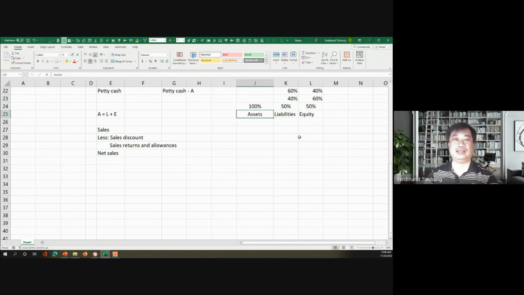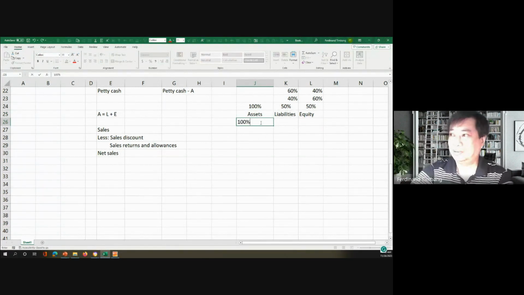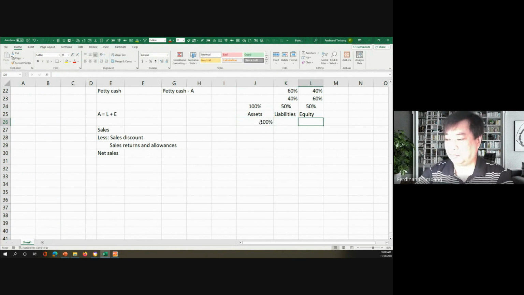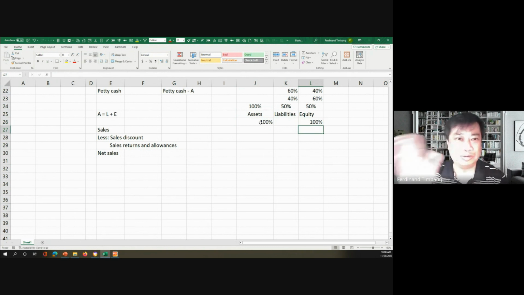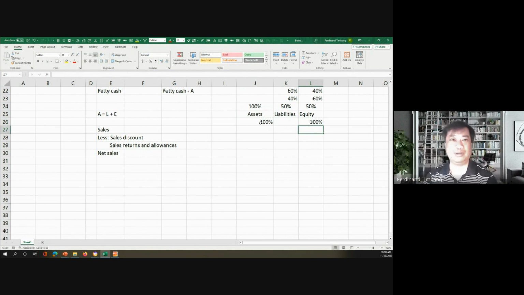Kasi isip natin, pag 100% assets, halimbawa, tapos sinabi natin 100% equity yan. Sabi natin maganda yung kumpanya, walang utang. Pero actually, when an investor will look at the company, a knowledgeable investor, they will not be happy with that one: assets, liabilities 0, equity 100%.